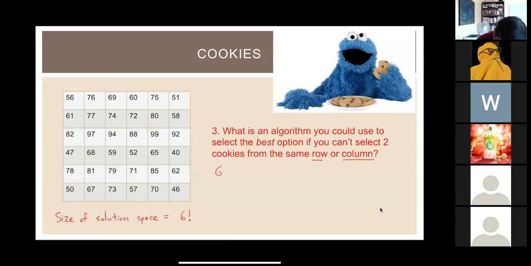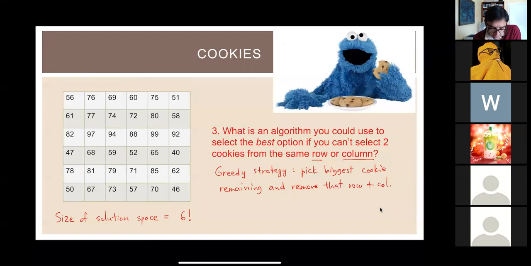Okay, so here's a greedy strategy. That's great. Pick biggest cookie remaining and remove that row and column.